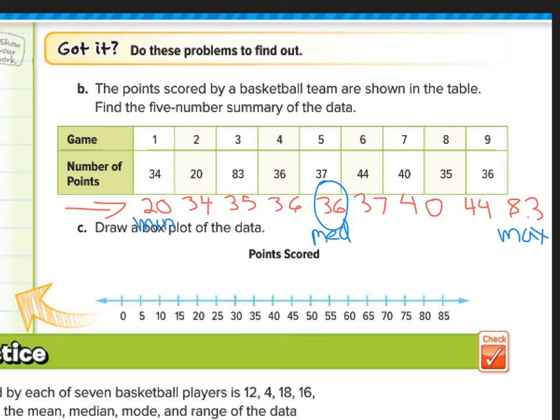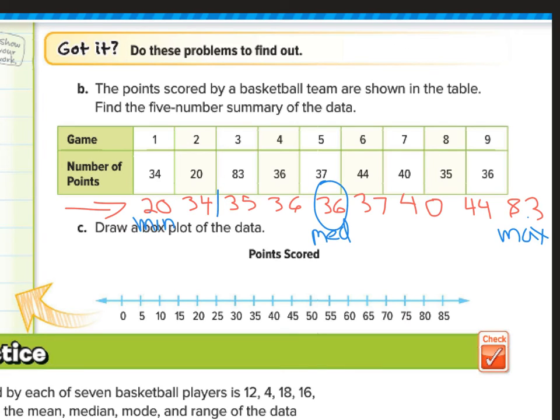And then I can start deciding what my quartiles are. For my first quartile, since I have 4 numbers on this side and 4 numbers on this side, a quarter would be every 2, so it'll be right in here.